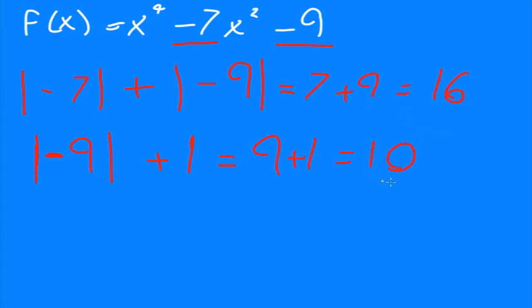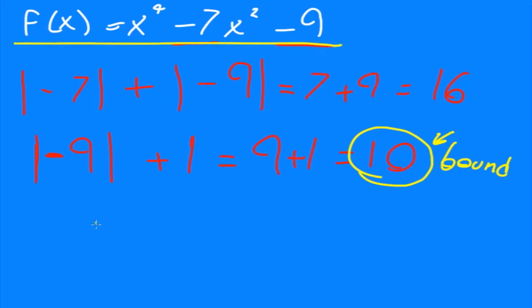Well, 10. So your bound is 10. That means every zero of your function lies between -10 and 10. That's the way you will be seeing it.